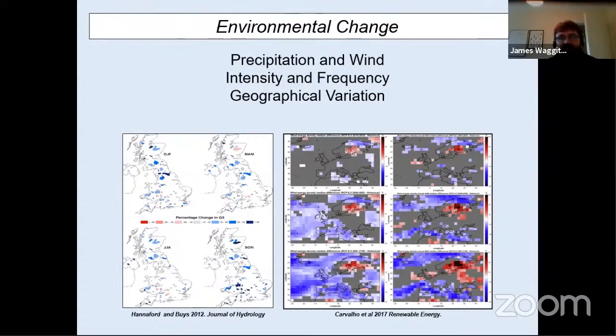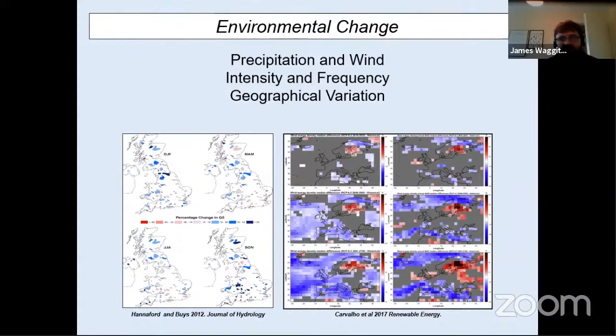We're seeing changes in the intensity of these two factors, so perhaps wind speed or the amount of rain, but we're also seeing changes in the frequency, so how often we get storms or how often we get periods of wet or windy conditions. And we also see geographical variation.